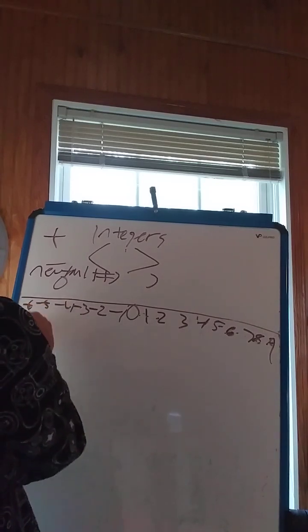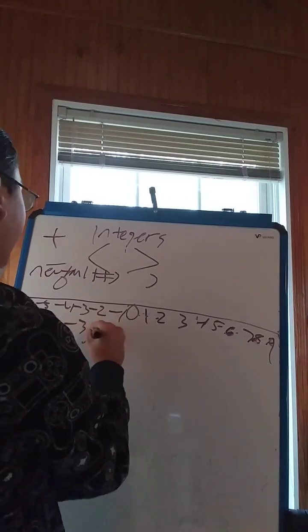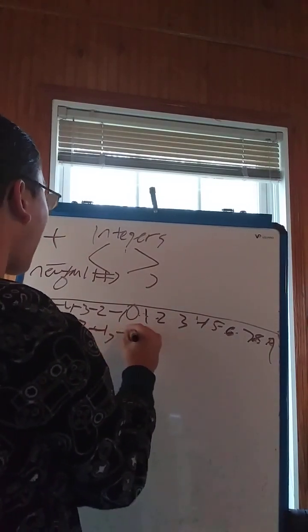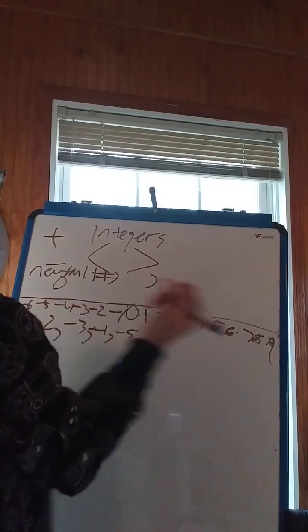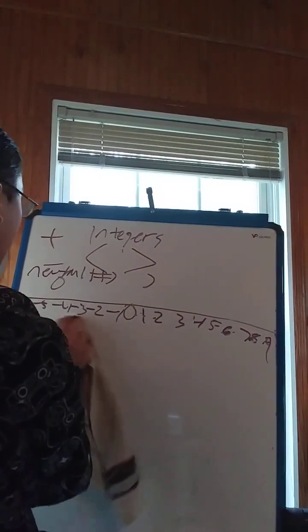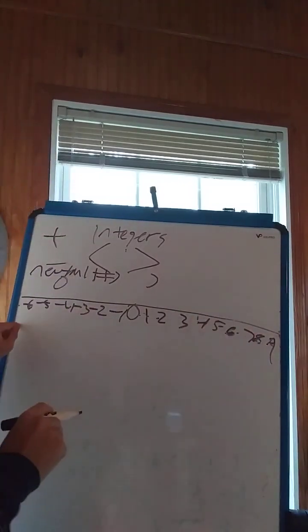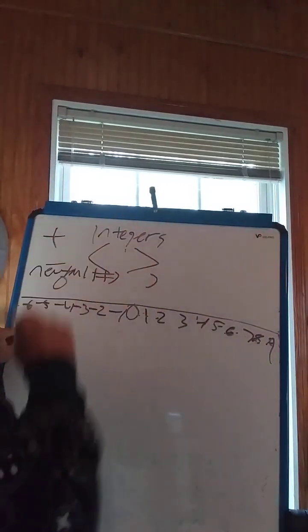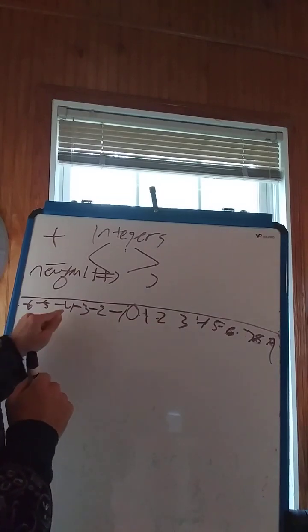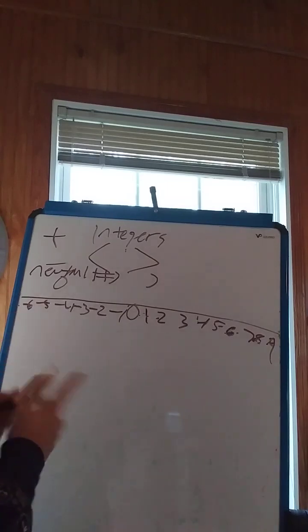It doesn't start with 1, negative 1, negative 2, negative 3, negative 4, negative 5 because further along is greater in value, and that's not true for negatives. So negative 6 would be a smaller number than negative 4 because you're going further down. I think that makes a lot of sense.